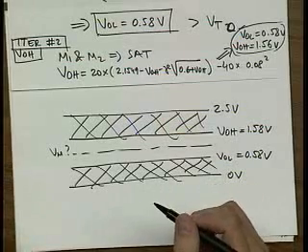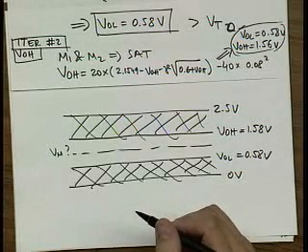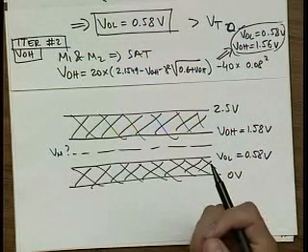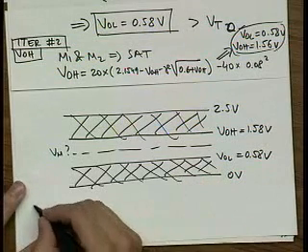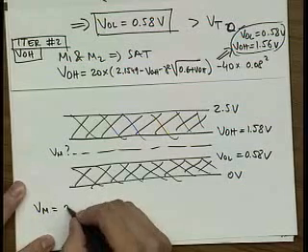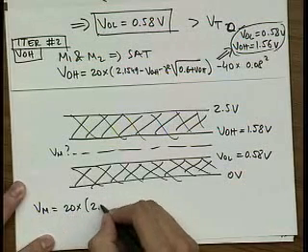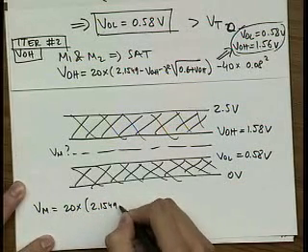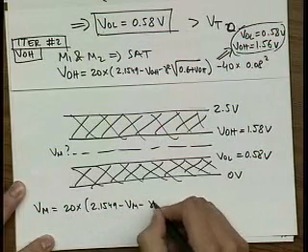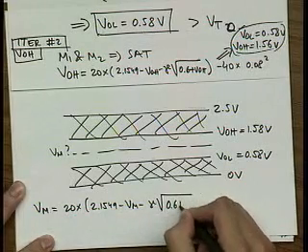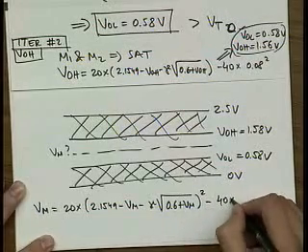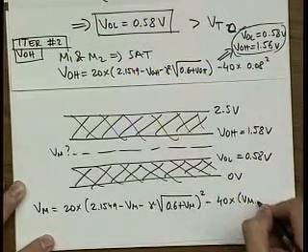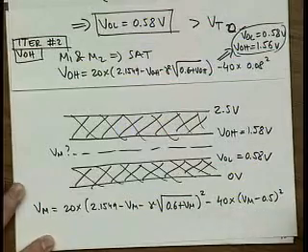In this case, VM is calculated when both input and output evaluate to VM. Both transistors are in saturation, so you have VM is equal to 20 times 2.1549 minus VM minus gamma times the square root of 0.6 plus VM, squared, minus 40 times VM minus 0.5, squared.